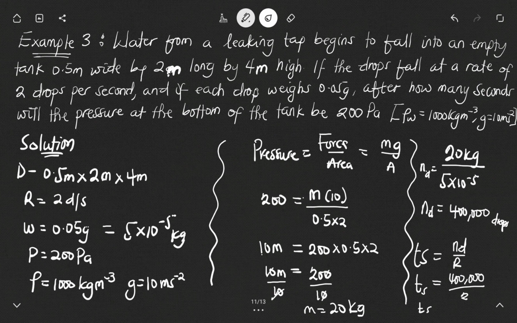If I compute this into my calculator, 400,000 divided by 2 will give me 200,000. So it means it is going to take 200,000 seconds for these drops one by one to fall into this tank to reach a mass of 20 kilogram and to exert a pressure of 200 Pascal at the base of the tank.